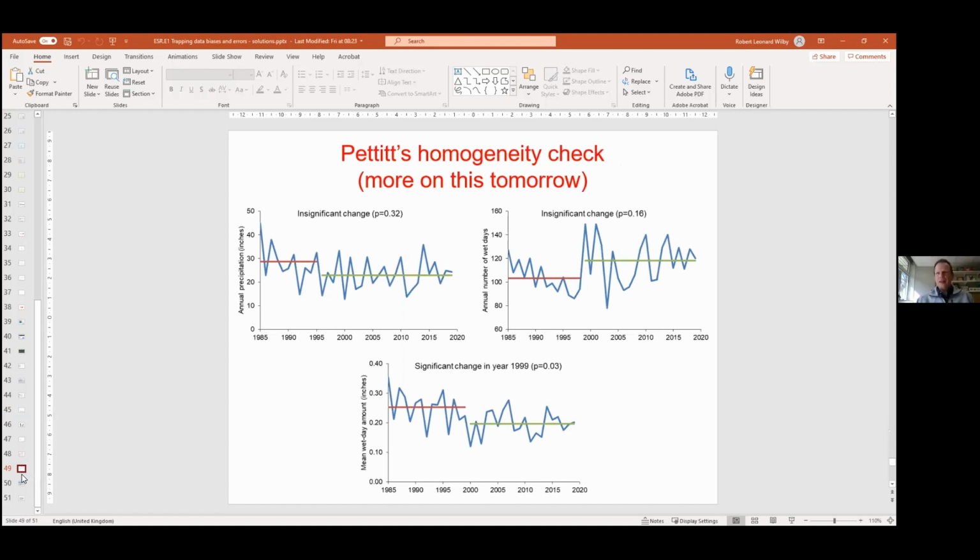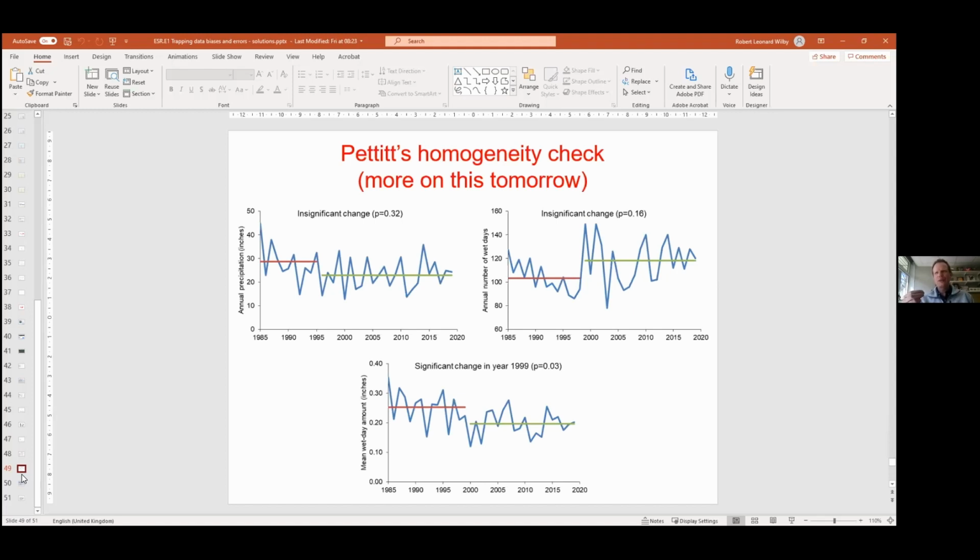So yes, tomorrow I will talk quite a bit more about Pettitt's test. It's not a perfect test. For example, if there's an underlying trend in the data, then that can cause issues with the test. But again, it depends on the hypothesis you're seeking to analyze.